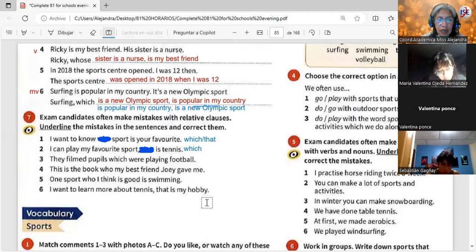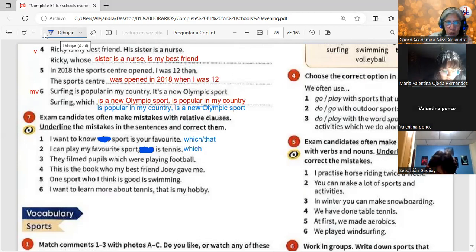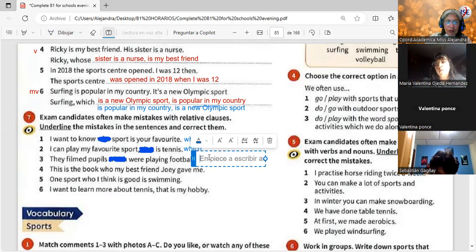Sebastian, in number 3, which word is the mistaken one? They filmed pupils which were playing football. Which is the mistake, because pupils is British English for students. I'm talking about people. What is the correct word? Who or that, because it doesn't have a comma.